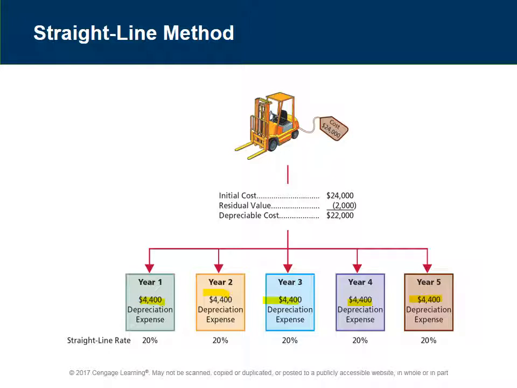So the initial cost of $24,000 will be listed as an asset, and the depreciable cost will have been fully depreciated, so you'll have $22,000 in accumulated depreciation. And when you look at the net of those two, you'll see the residual value of $2,000. I will show you what it looks like in numbers in a minute.